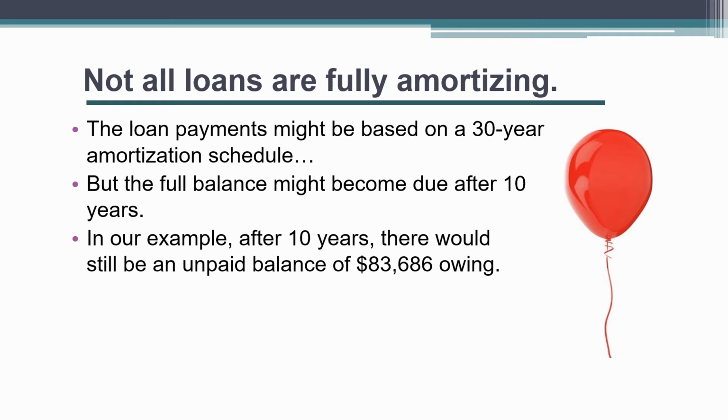In this example, remember we borrowed $100,000, after 10 years we'd still have an unpaid balance of $83,686. You can see the balance doesn't decline very quickly in the first few years. We refer to that $83,686 as a balloon payment, and in this type of loan, which isn't fully amortizing, we'd need to come up with the cash to pay that balloon payment after 10 years.